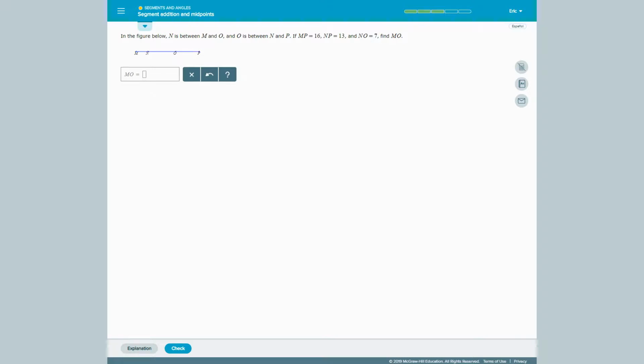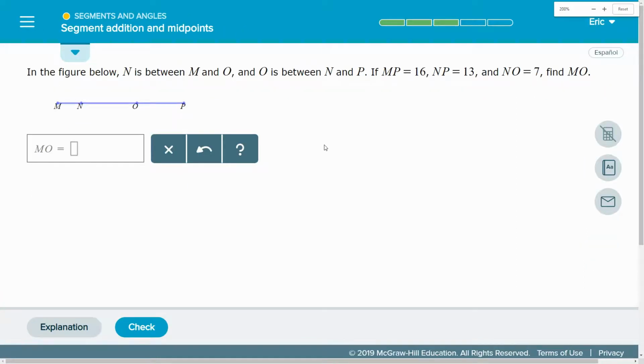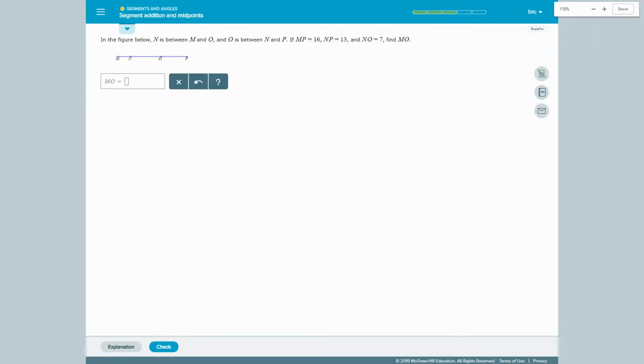So I'm going to actually zoom this in so that we can work a little bit easier. Actually, you know what? I'm going to redraw this. So let me get my drawing tool out, this interesting color. So I'm going to just make my weird line.